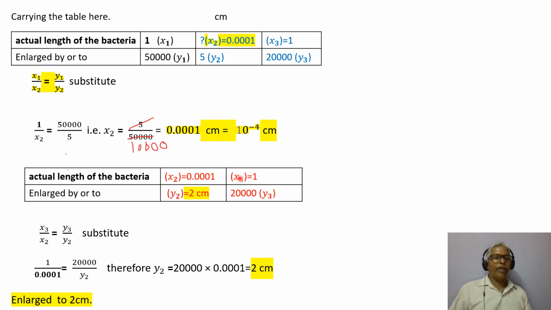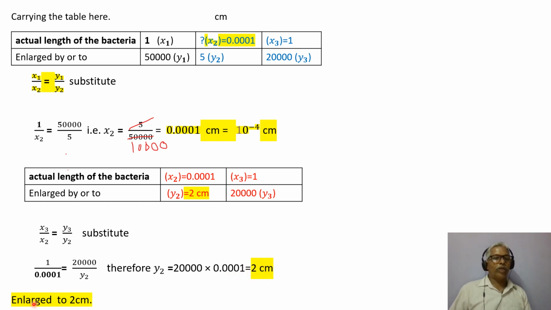So x3 we have, x2 we have, y3 we have, y2 we have to calculate. Cross multiply. This will multiply with this, y2 goes there. y2 equal to 20,000 into 0.0001, that comes out to be 2 centimeters.